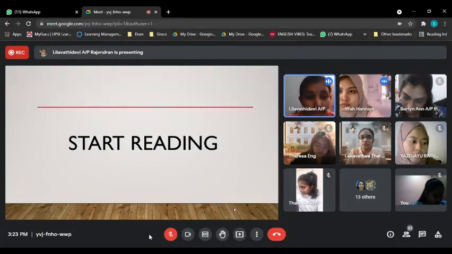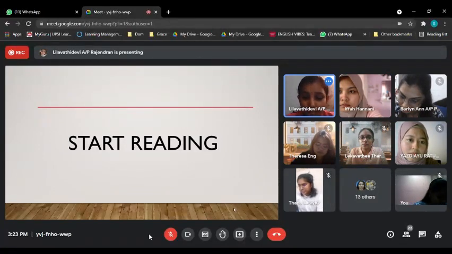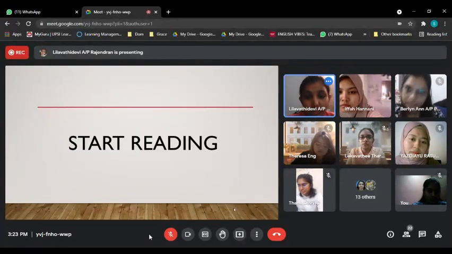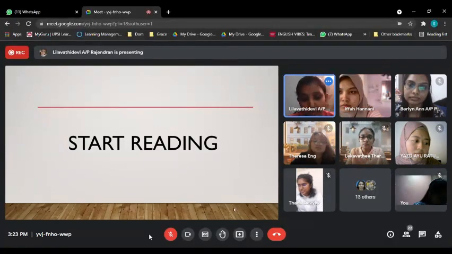If you have any questions, you can ask me. And remember the tip I gave you? You can run down your finger or you can highlight using the PDF feature you have in your phones or laptops.